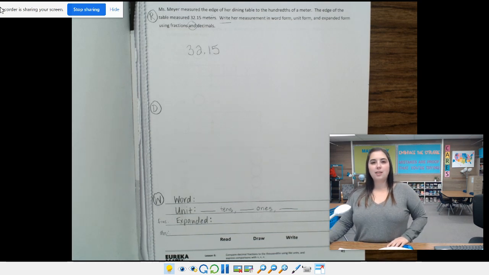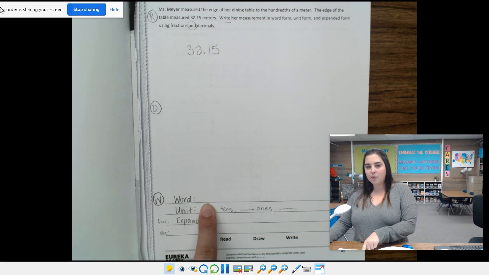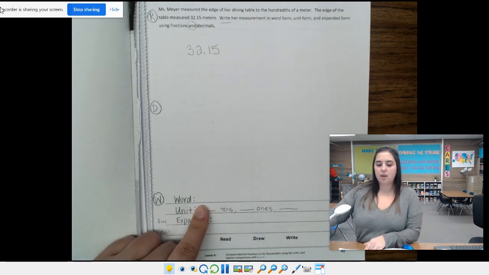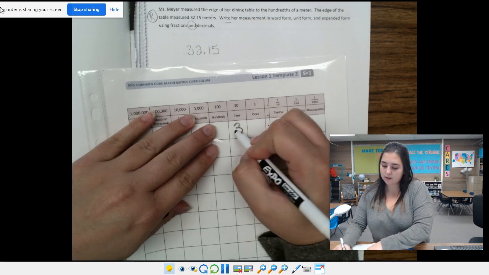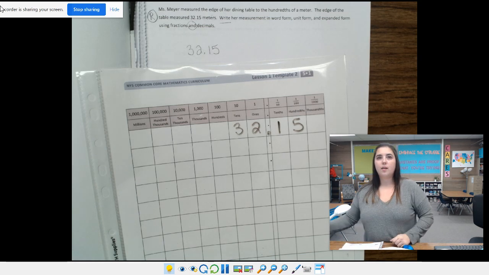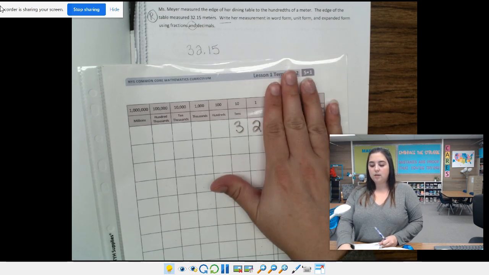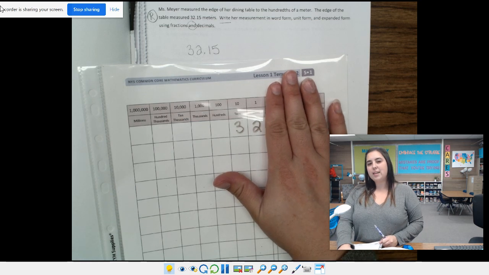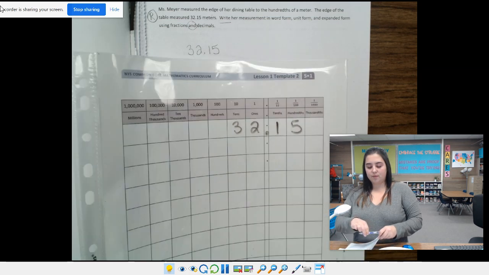Okay, let's check our work. I purposely never said the correct name of this because I didn't want to give it away. So the word form of this, if you write it out on your place value chart, it would look like this: 32.15. So again, if there's anything before the decimal, just write that out. What is that number? A 3 and a 2. It is 32.